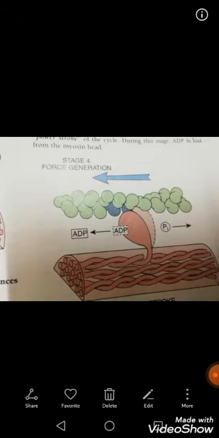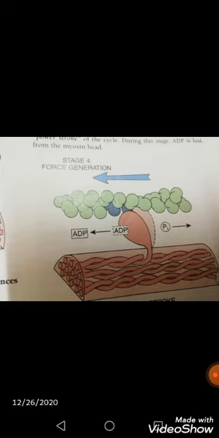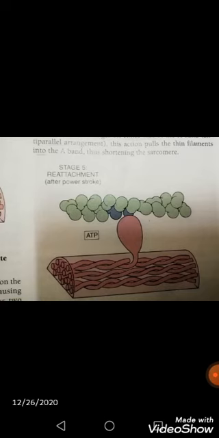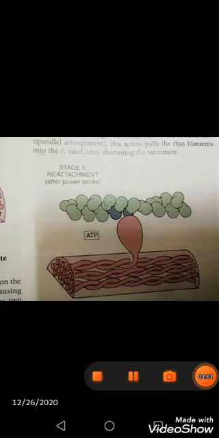And now the fourth stage, which you call the force generation phase, in which the myosin head releases the inorganic phosphate and then the power stroke occurs. Then look at the fifth stage, reattachment, in which the myosin head tightly binds to the new actin site here.